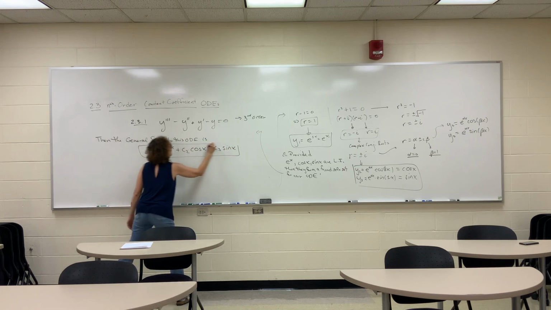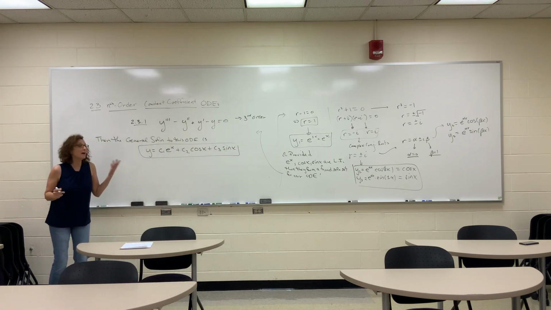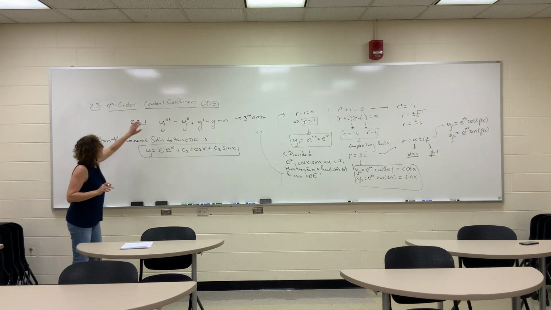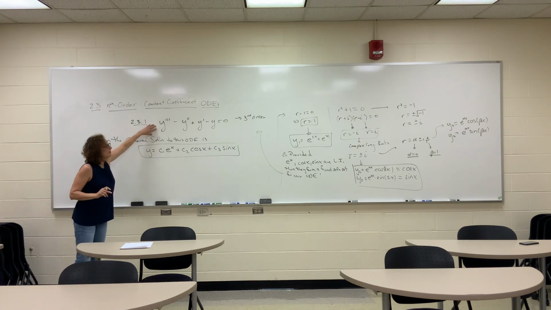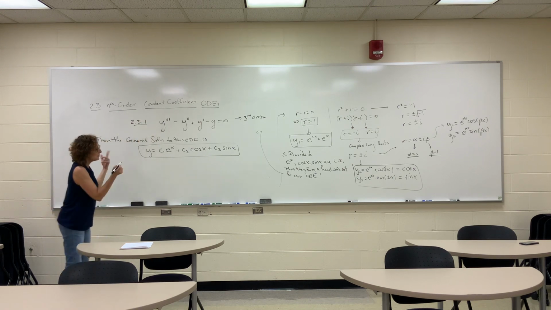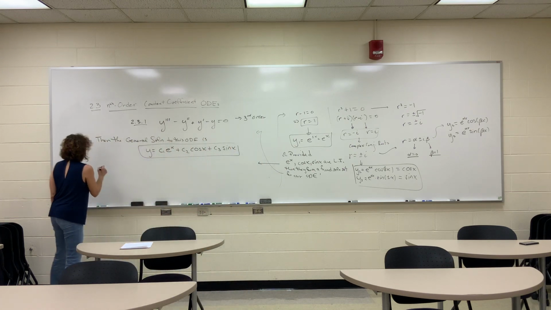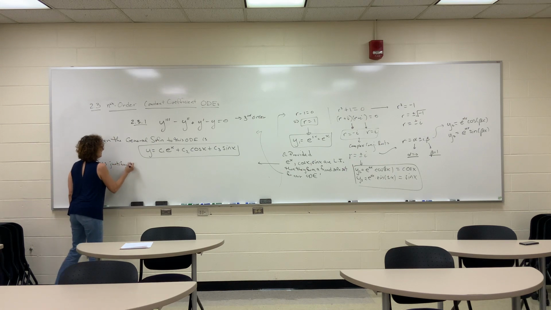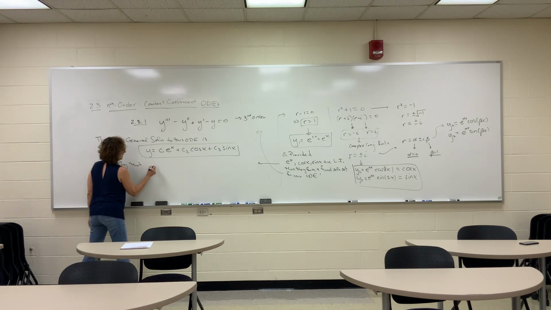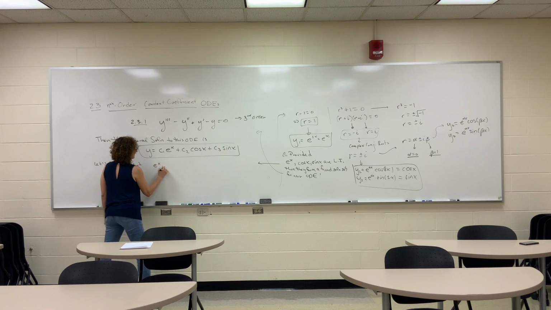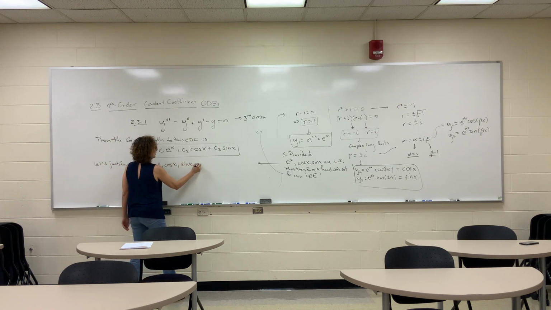And that is all possible functions out there in the world that satisfy this restriction on their derivatives, this differential equation. So let's justify that e to the x, cosine x, sine x are linearly independent.